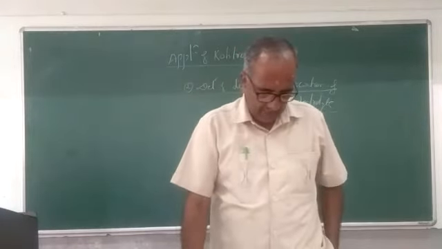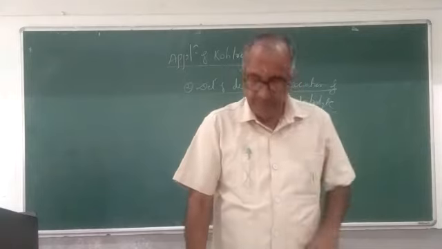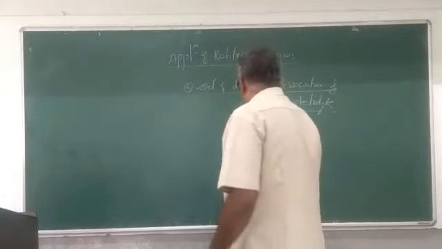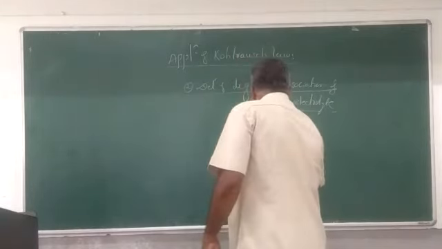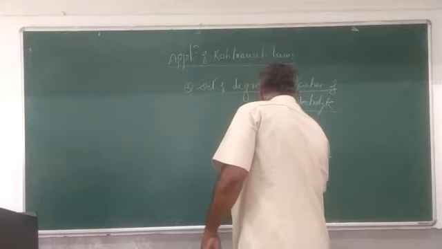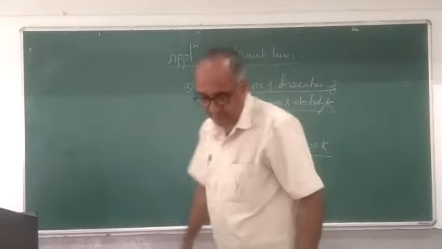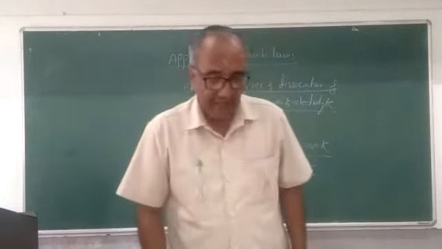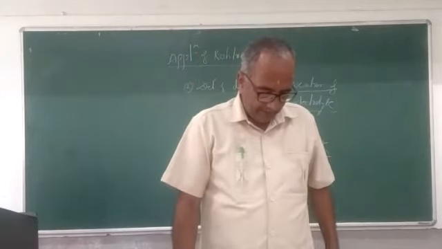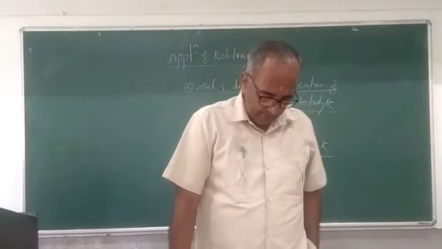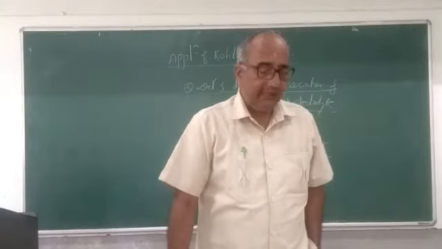Knowing this, the molar conductance is calculated by the formula, as I already said, Λm is equal to 1000 K divided by C, where K is the specific conductance and C is the concentration or molarity of the solution. Then how to calculate the degree of dissociation?